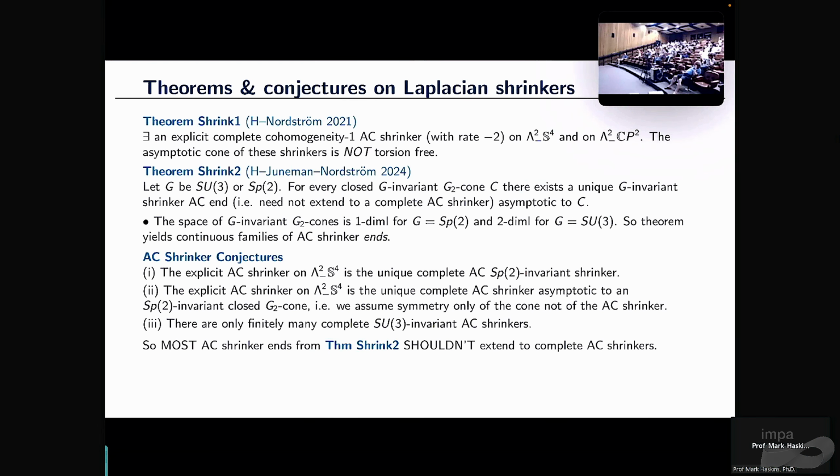And then something not as strong should be true in the SU3 case: even though we have two-dimensional families of shrinker N's, only a finite number of those should actually be completable into a complete SU3 invariant shrinker. So the upshot of this conjecture is that most of the shrinker N's that we know exist should not extend to complete shrinkers.